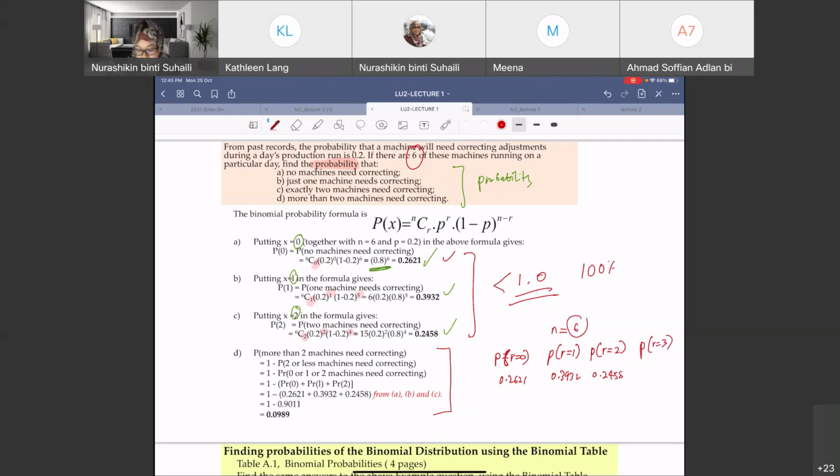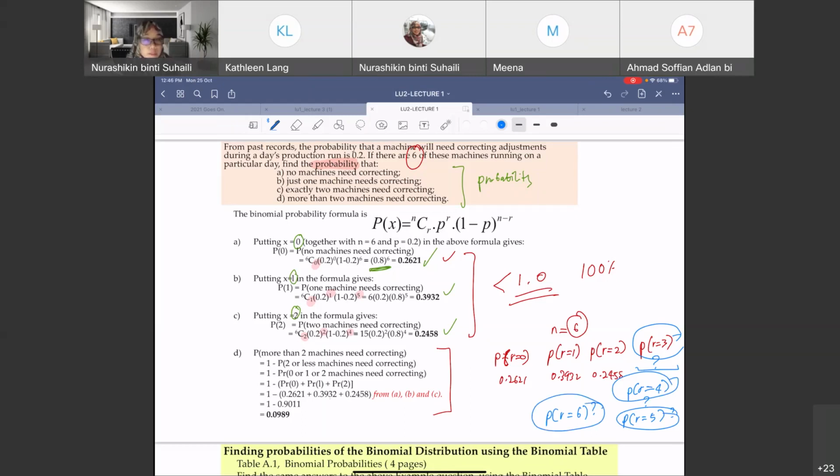Since it is until 6, it means that we need to know r equal to 3, r equal to 4, r equal to 5, and r equal to 6, isn't it? So if it says more than 2 machines, we don't say that it's only 4, it's only 5. So it means that we have to sum up the probability of these, until 6.